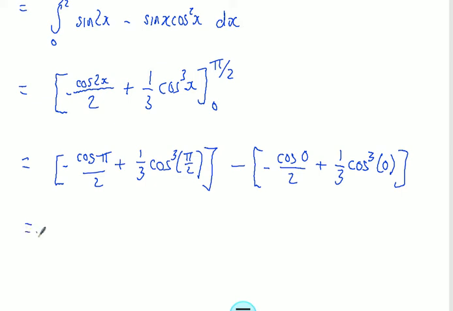Okay, and when we evaluate this, we will get 1/2 from this bit, and it's going to be negative 1/6 from this bit, so we're going to add 1/6, so it is 2/3 units squared.